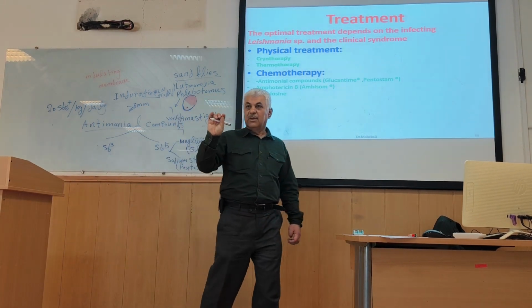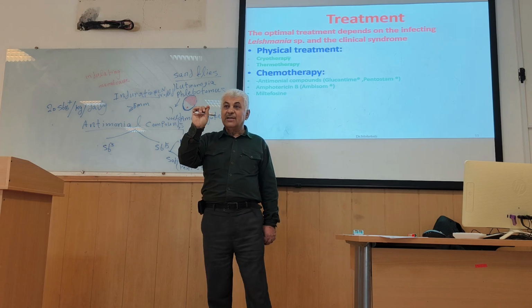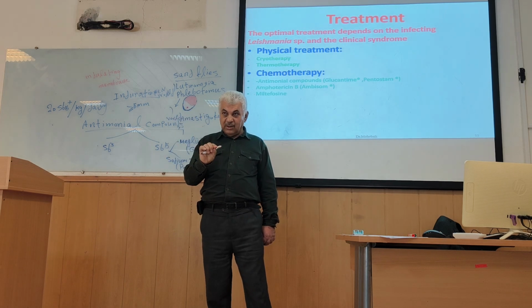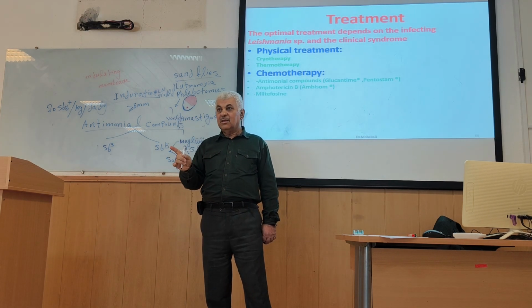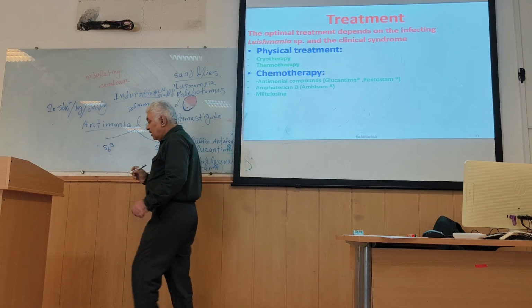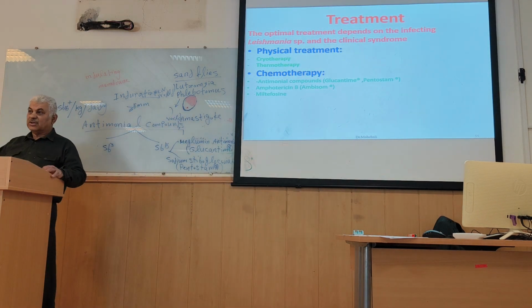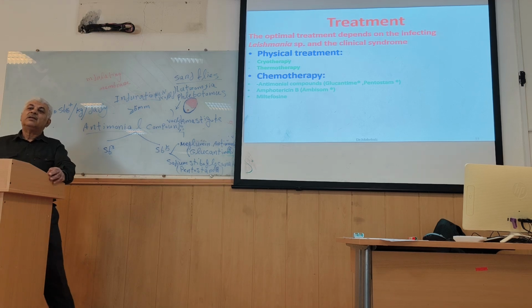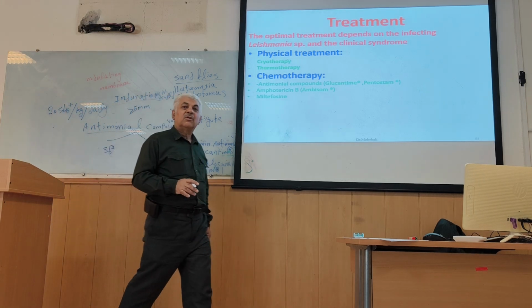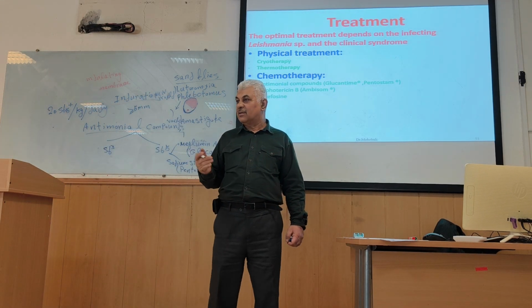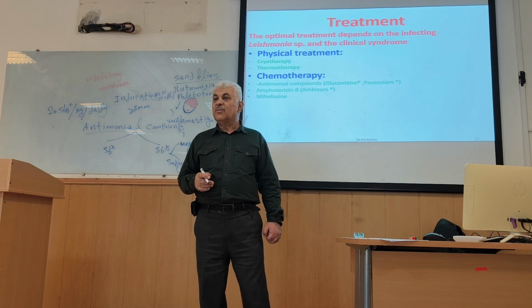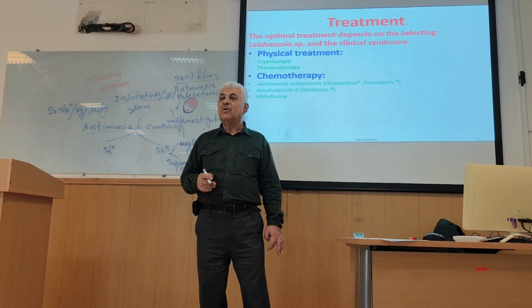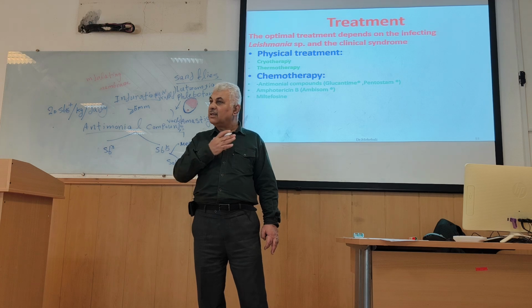We calculate the 20 pentavalent antimony per kg daily in ZCL, zoonotic cutaneous leishmaniasis, for 2 weeks. In ACL for 3 weeks. In VL for 4 weeks, 28 days. For PKDL for 6 months, daily.